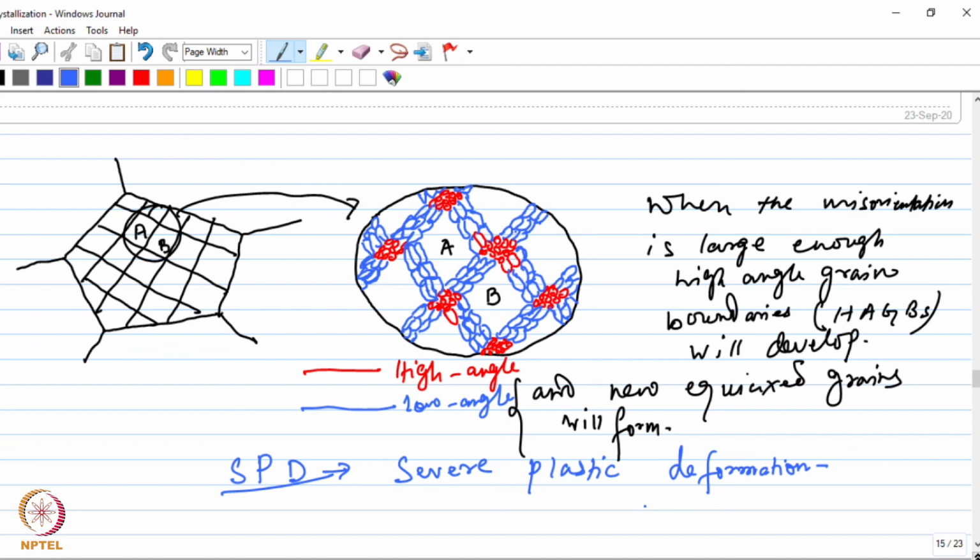Right, so few important things to remember with regard to the DDRX and the CDRX process, and how you differentiate them, that would depend on such parameters. One, of course, is the stacking fault energy, as we talked about, because for the DDRX process to occur, you need the dislocations to accumulate rather than movement of dislocations, or having the cross slip of dislocations.